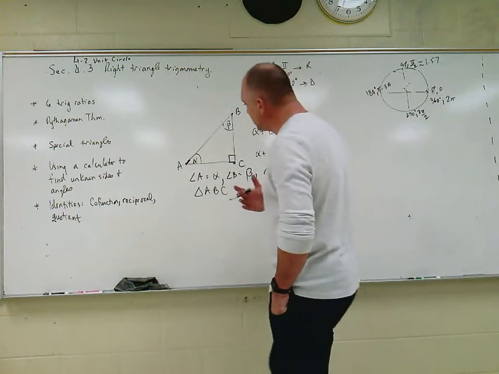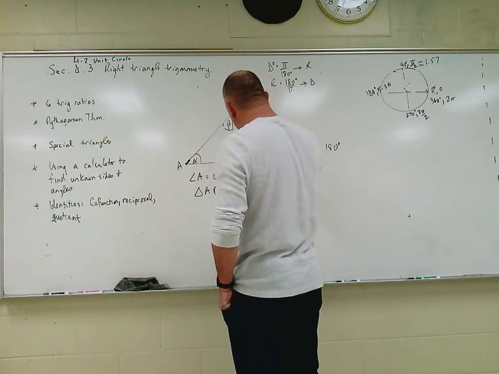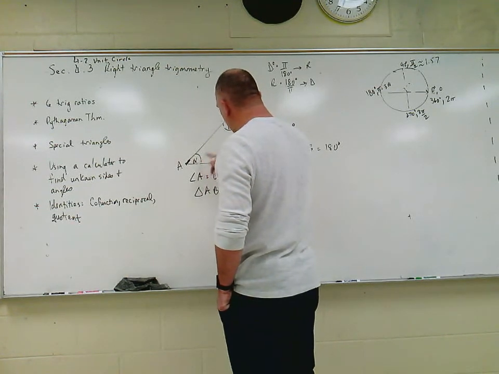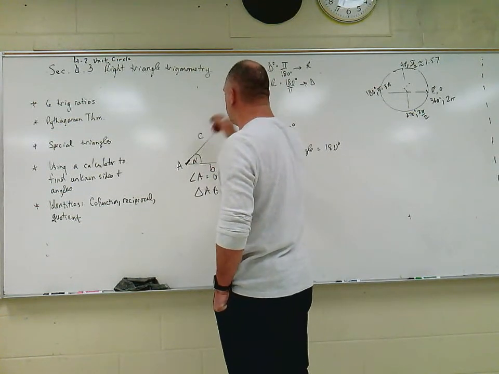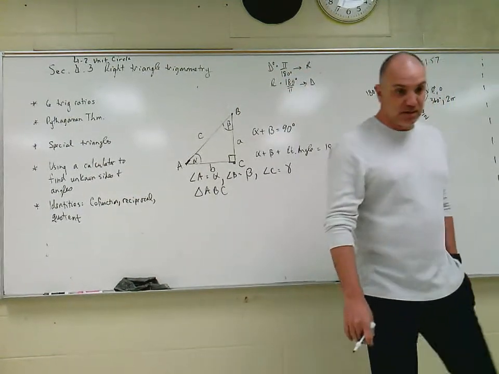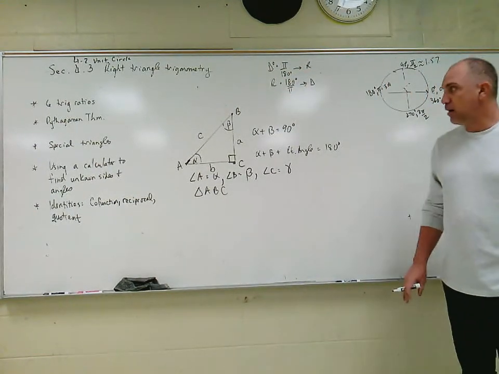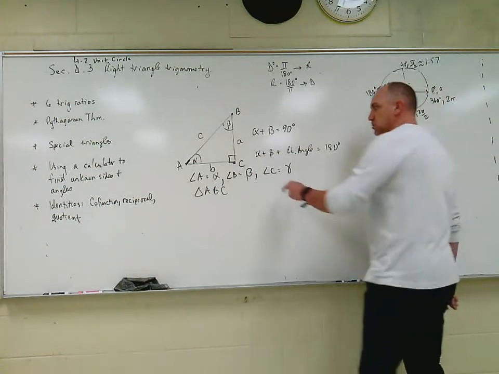Then the sides. If we have our triangle ABC, the side opposite angle alpha is little a, the side opposite angle beta is little b, the side opposite angle C is little c. Notice we use lowercase letters for the sides, capital letters or Greek letters for the angles.